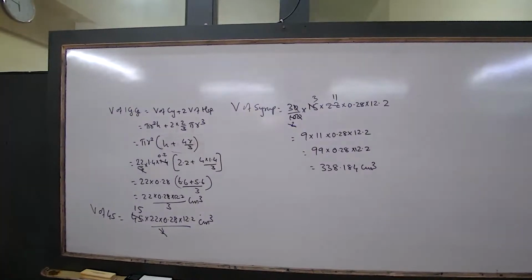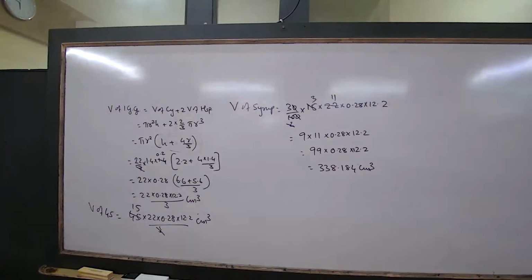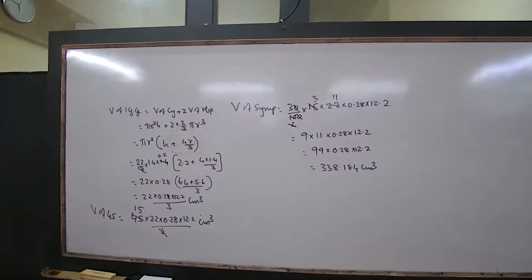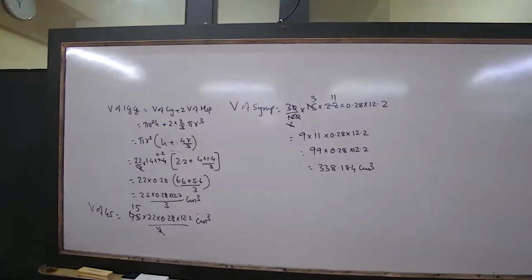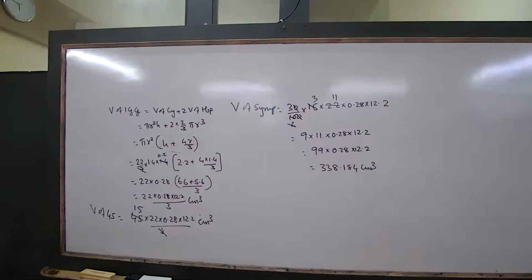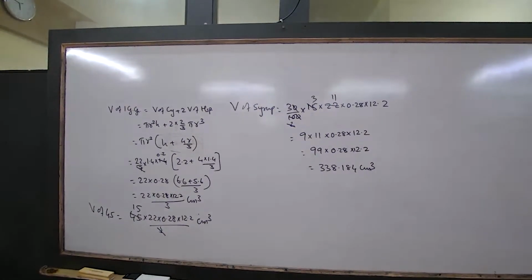Equation 1. Next, for the vessel, R is equal to 5 centimeter, H is equal to 8 centimeter.